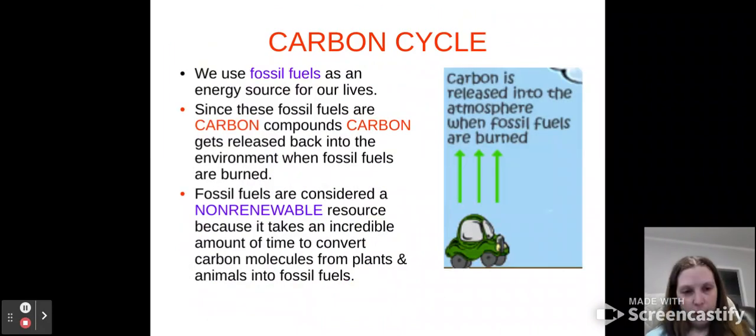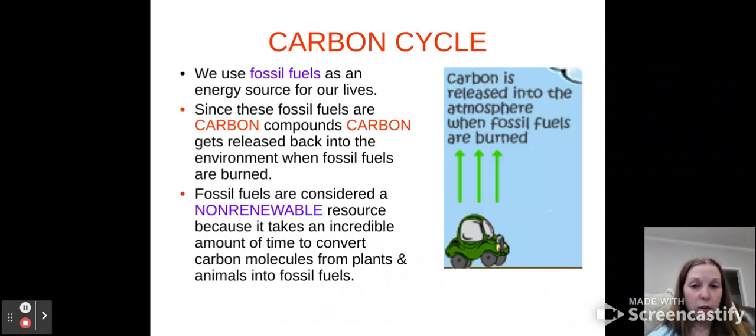And then, as we know, the fossil fuels are used as energy sources for us, whether that be energy for cars, whether that be energy for like the lights in our house, anything like that. And since these fossil fuels are carbon compounds, the carbon that is being burned is getting released back into the environment. One major downside to this is that these are non-renewable.